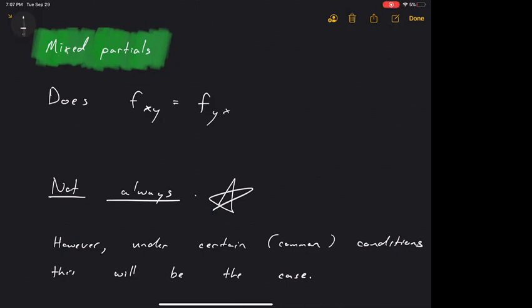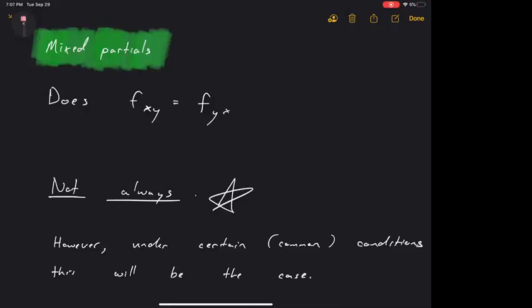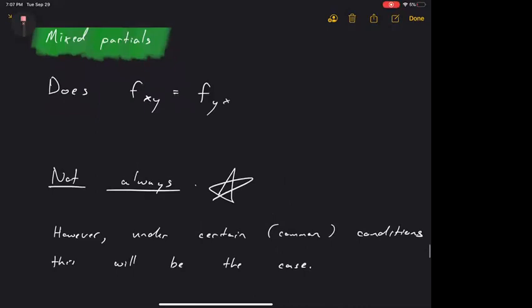But there have definitely been cases where it was not. This is a very important theorem. It's not something you can always take for granted. So just remember that this equality is not always true.